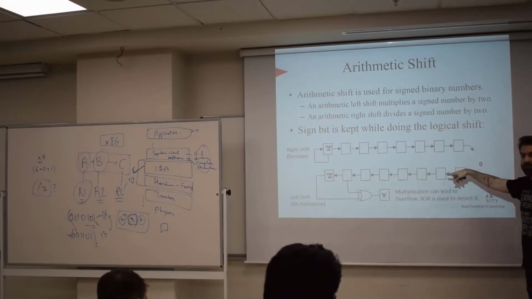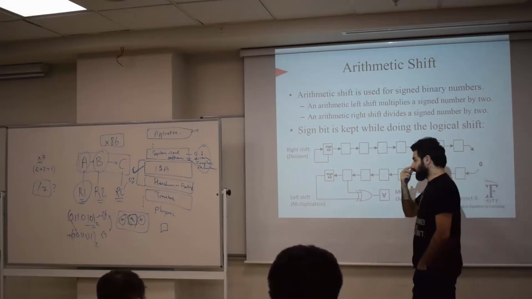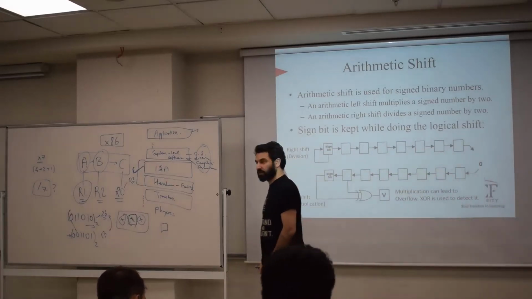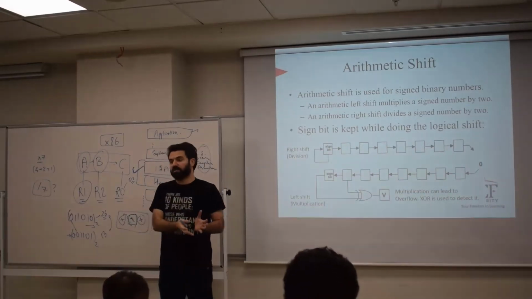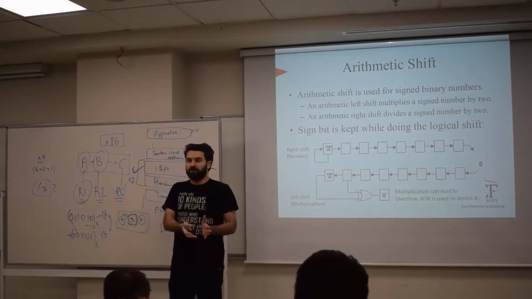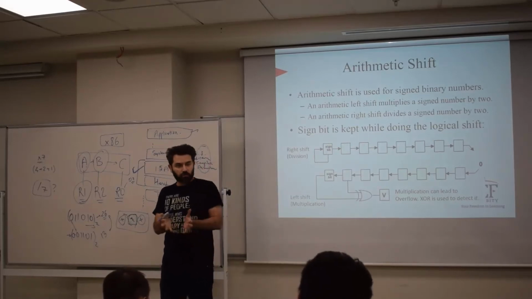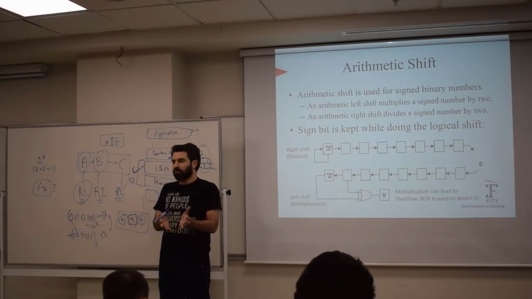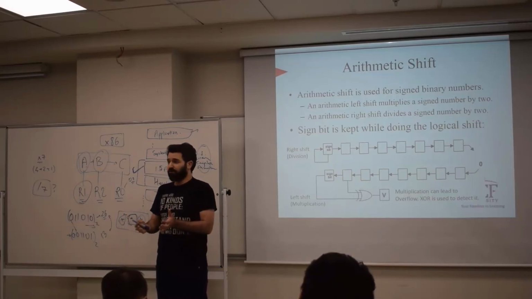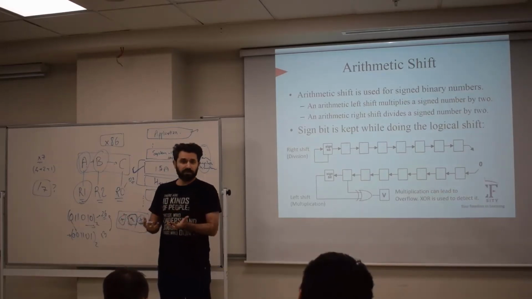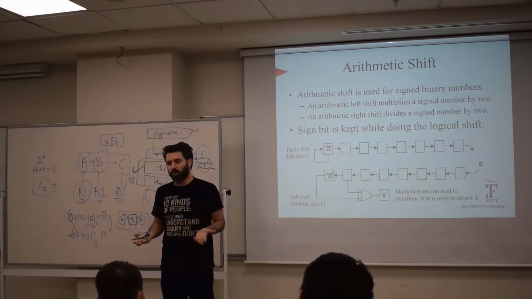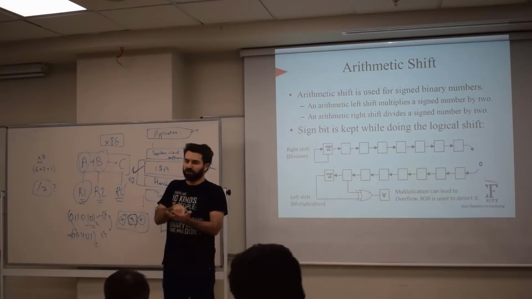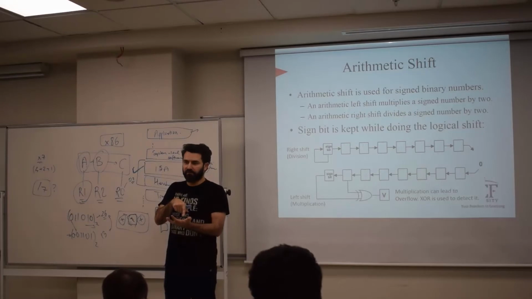This is arithmetic shift. In arithmetic shift, things are different. Because as you know, signed numbers have 1 in the most significant bit position. If you would like to shift a signed number to the right, which is going to be a division by 2, by the way, if you divide a negative number by 2, would that change the sign? No. That means that 1 in the most significant bit position has to repeat itself.